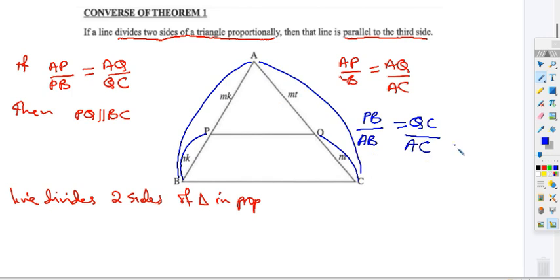We can also turn it upside down. The theorem still holds that the conclusion is these two lines are parallel to each other.